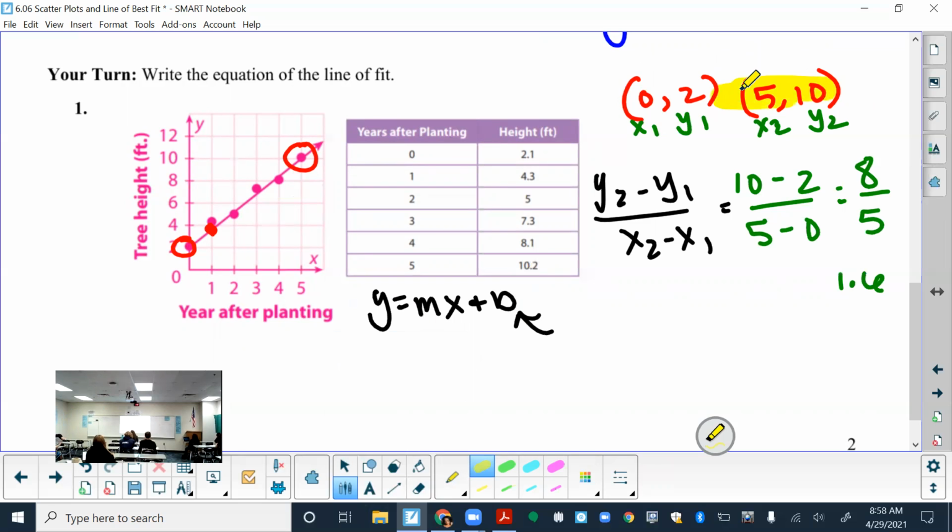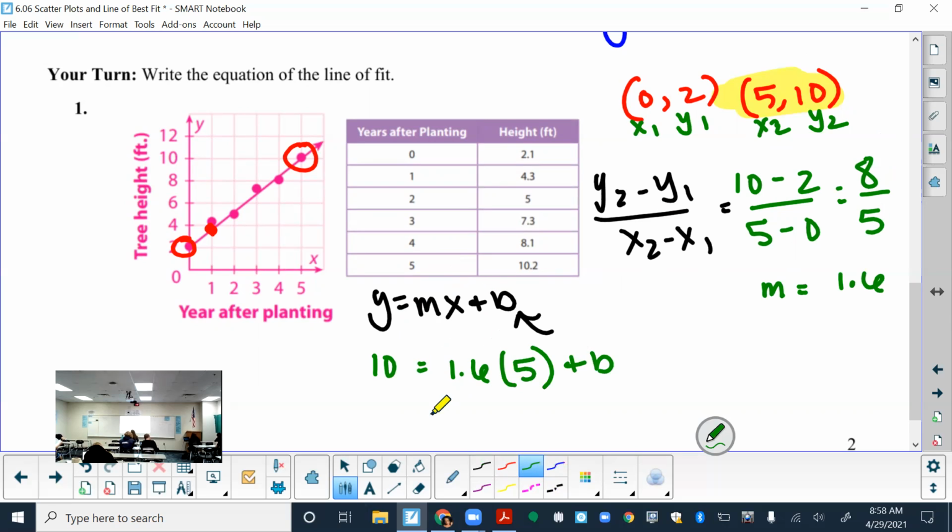I'll pick this one, but you could have picked the other one. Or if you did 1, 4, you could have picked 1, 4 and plugged it into here. So my y value, if I pick 5, 10, will be 10. My m is what we got from this, so either 8/5 or 1.6. What's my x value if I chose this coordinate? 5, plus b.